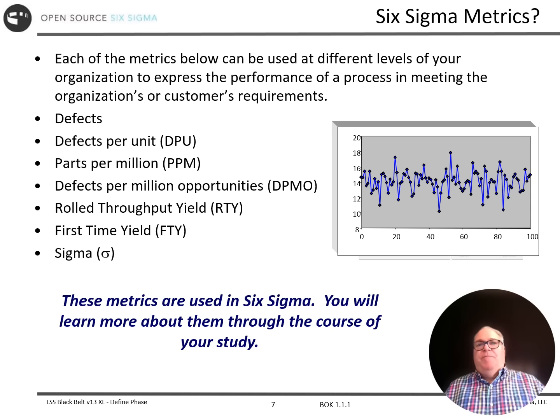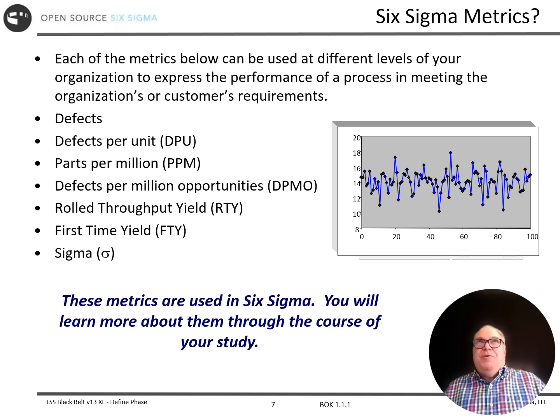Here we have some other metrics that we might use to describe our process. And I always say use the one that is easiest to communicate within your organization. So at Motorola, we used sigma level because, hey, we were a Six Sigma company. Everybody talked about sigmas and how many sigmas their process was.